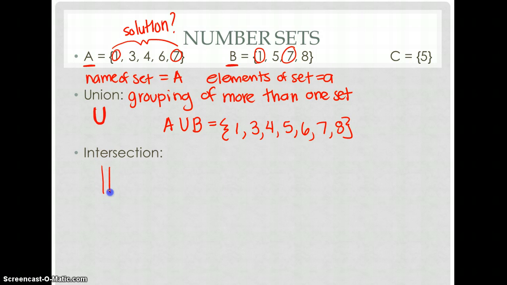Intersection, if you think about what an intersection is, here's your two streets meeting. The intersection is in the middle, where the two streets overlap. So intersection would be the overlap of more than one set.